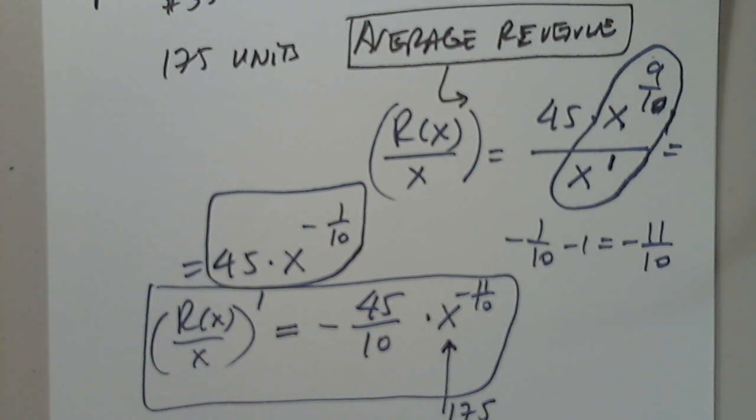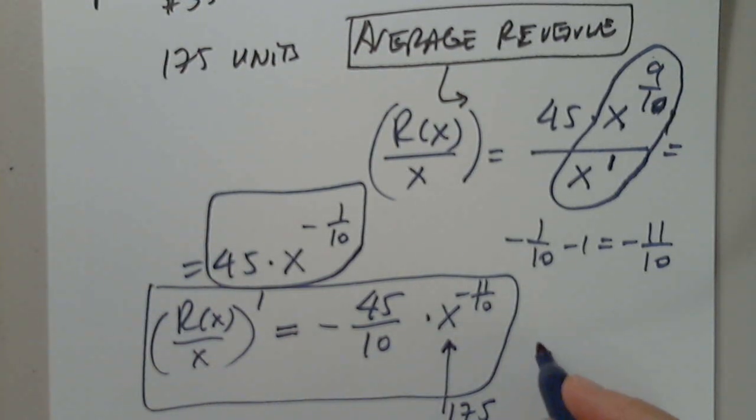Okay, I could have written -4.5. Same thing. And then multiplied by 175 power. I always use parentheses. I shouldn't say always, but most of the time. Divided by 10, which is still -1.1. I didn't have to do that. It's up to you. And that's the answer.